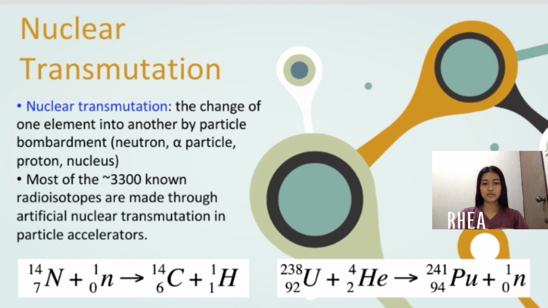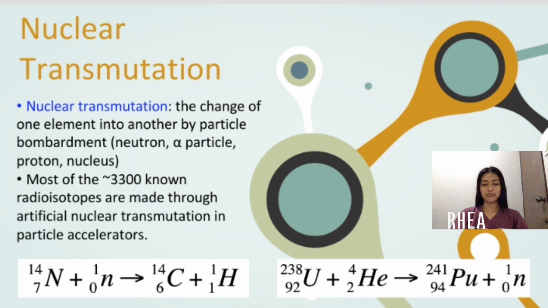So we have the nuclear transmutation. Nuclear transmutation is the change of one element into another by particle bombardment: the neutron, alpha particle, proton, and nucleus. It happens naturally every time an element gives off a beta particle. Every time a nucleus emits a beta particle, it is transformed into another nucleus with the same mass number but an atomic number that is 1 unit greater.